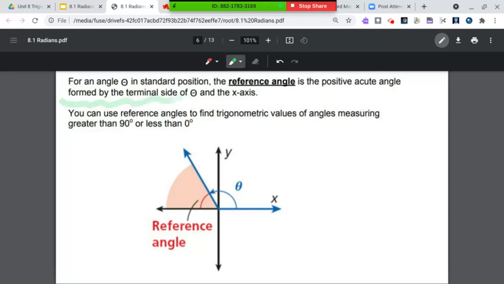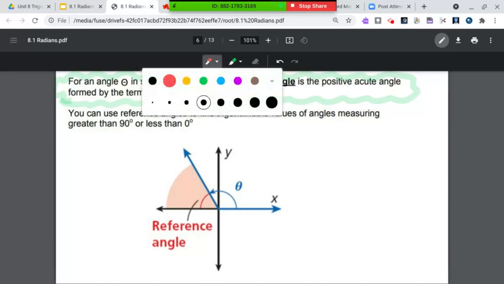Okay, so that is your important concept of what a reference angle is. The terminal side and the x-axis. Let me let you write that down, then I'll give you an example.